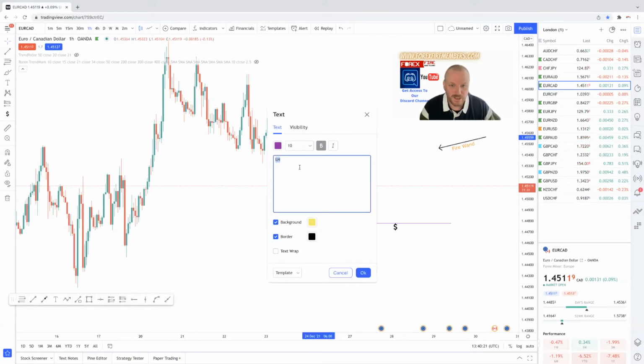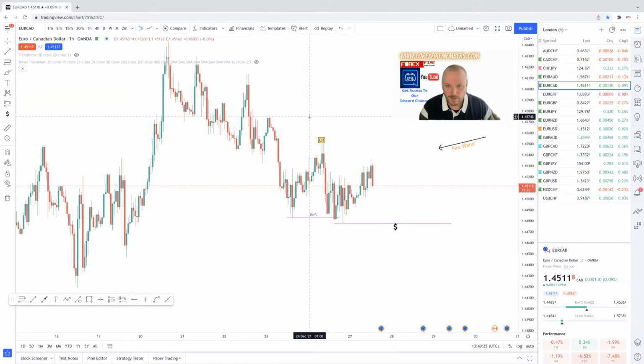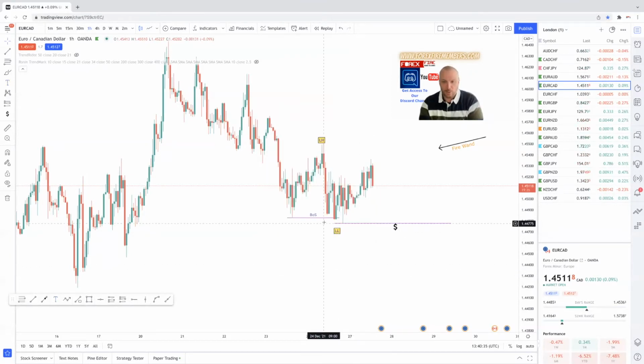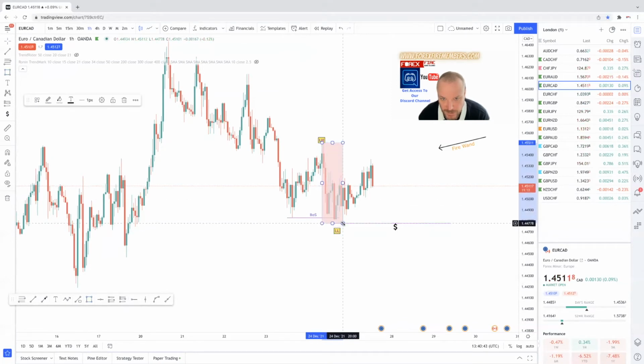It's not the biggest. So we've got a lower high point, and then the impulse drive down gives us a lower point. What we're going to do is box from the swing high down to that swing low area.